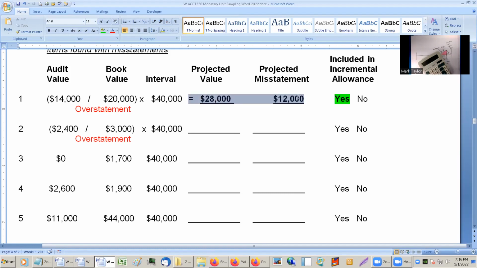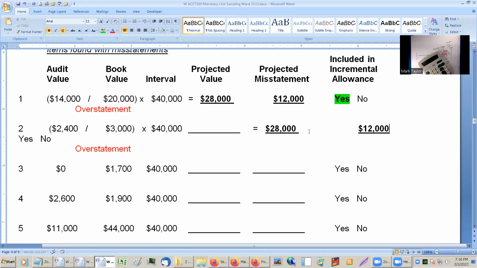I'm going to copy this up here just because of spacing.